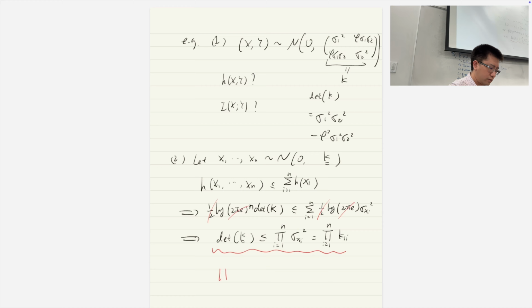This is called the Hadamard inequality. It's a pretty famous mathematical inequality. Okay, very good.